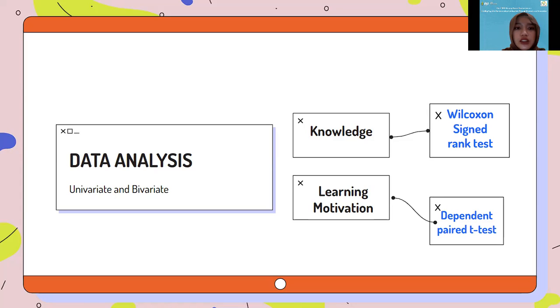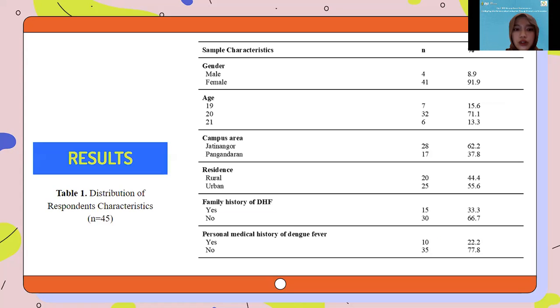Data analysis was performed using the SPSS version 25 application for Windows with significance of p less than 0.05.